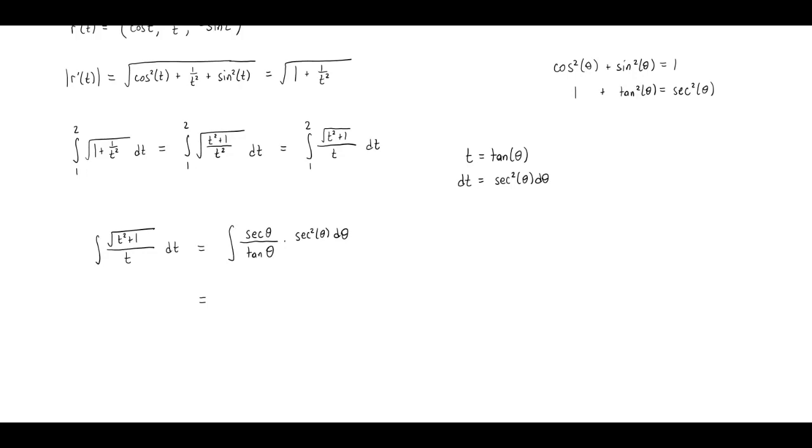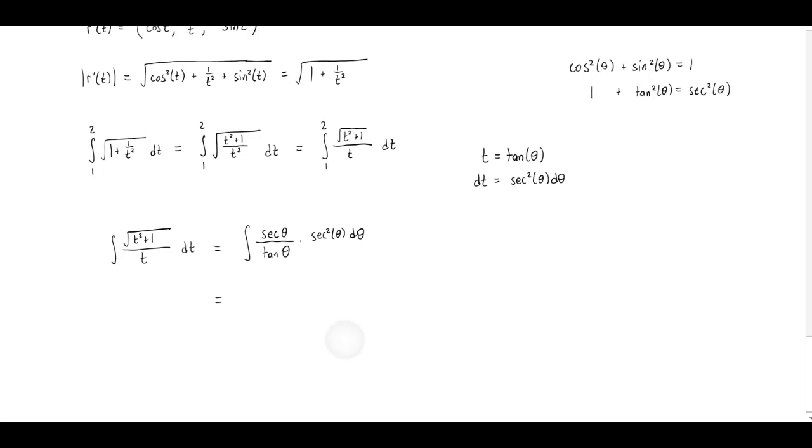So in particular, remember that tangent is sine over cosine, right? So if I'm dividing by tangent, I can multiply by the reciprocal. So I can multiply by cosine over sine.